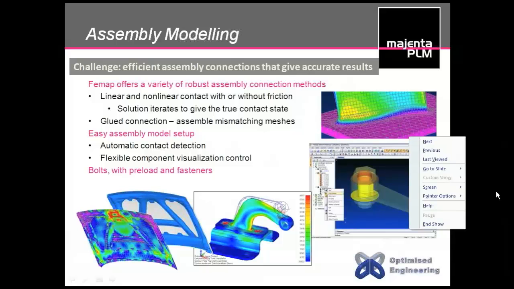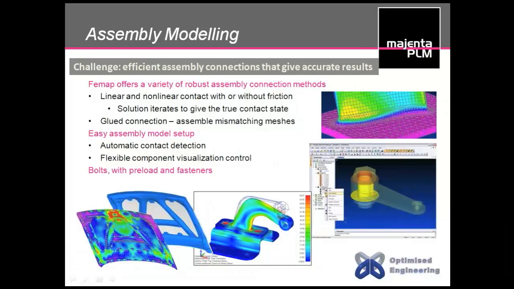Okay, so now just very briefly, I'll move on with a few more slides to talk about some of the other capabilities of Femap. So the way in which Femap deals with assembly modeling and how it handles connections between components.